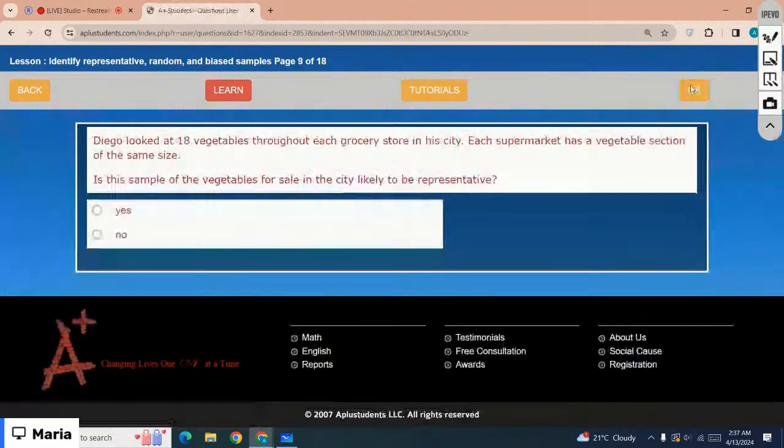Deco looked at 18 vegetables throughout each grocery store in his city. Each supermarket has a vegetable section of the same size. Is this sample of vegetables for sale in the city likely to be representative?